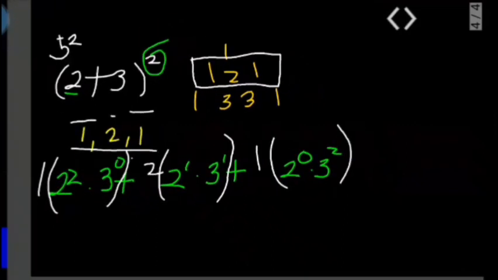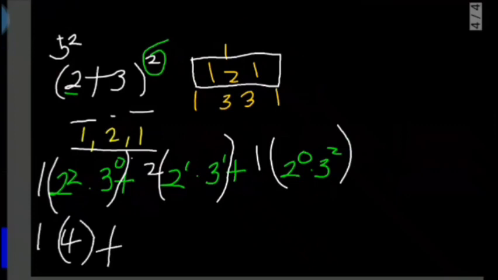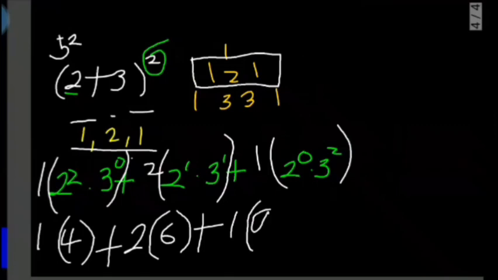So here we have 2 squared is 4. 3 raised to the power 0 is 1. So 4 times 1 is 4. Plus 2. 2 raised to the power 1 is 2. 3 raised to the power 1 is 3. So 2 times 3 we have 6. Plus 2 raised to the power 0 is 1. 3 raised to the power 2 is 9. So we have 1 times 9, we have 9.